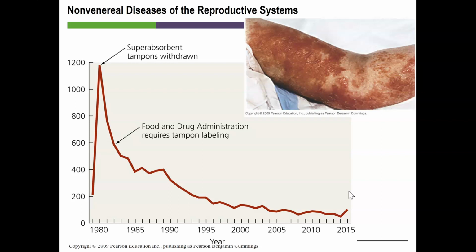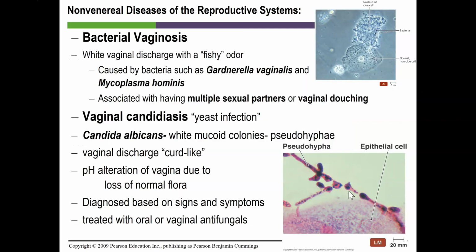Next, we'll compare two non-venereal diseases, so not STDs, of the female reproductive tract. The first is bacterial vaginosis. That is usually caused by one of two species of bacteria, either Mycoplasma or Gardnerella. These infections are associated with what's called clue cells.